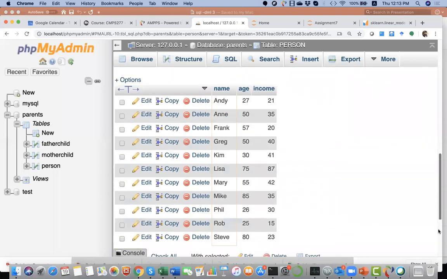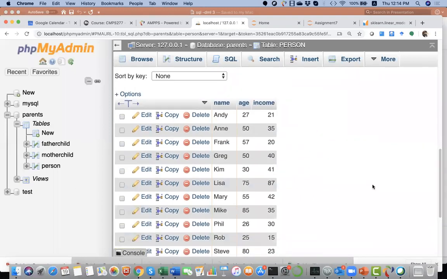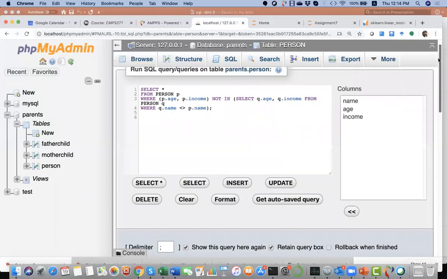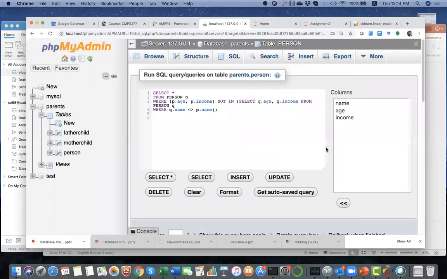And it gives me all the people in the table because all of them have a unique combination of age and income. So nobody, for instance Andy, 27, 21, you don't see anybody else with the same age and income at the same time. That's why I get every record in the whole database.